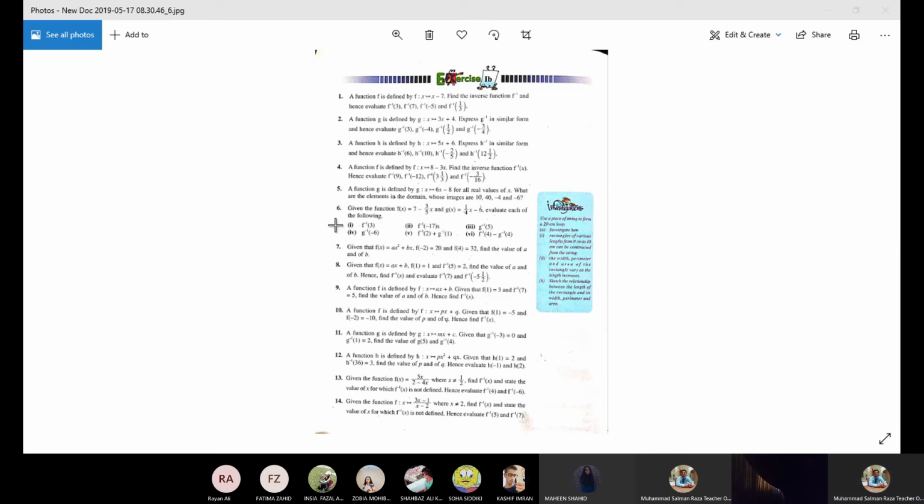Paste it over here, and a little enlargement is required.